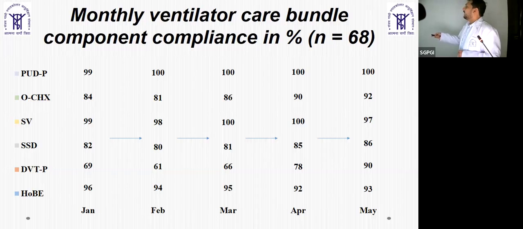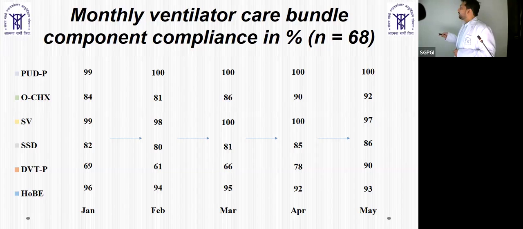In the same way, subglottic secretion drainage was 82 in the month of January, and it improved to 86% in the month of May. Oral care with chlorhexidine was 84 in January, and it improved to 92 in the month of May.